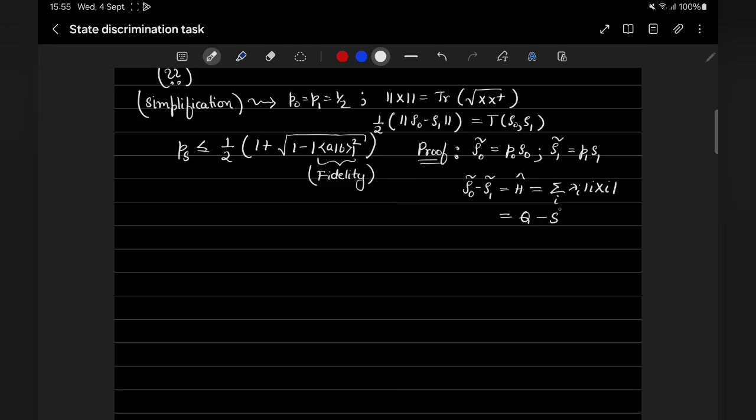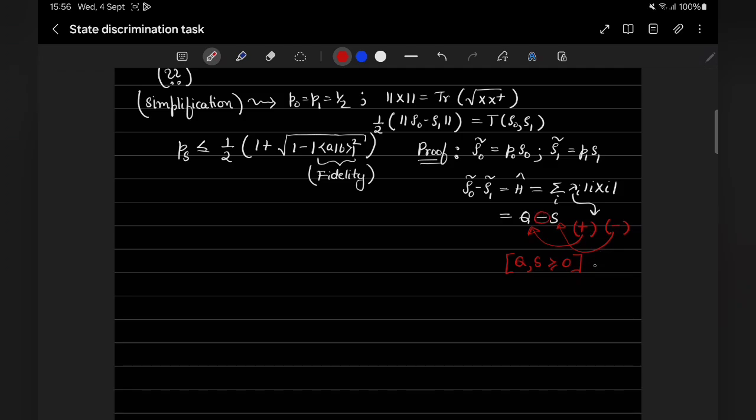So here what I have done is simply taken the difference, and I am calling the difference a Hermitian matrix, which can be diagonalized in some particular basis, and this basis can be chosen to be orthonormal. From these lambdas, I am collecting the positive eigenvalues and saying that they form Q, and the negative eigenvalues form S. So this is the main idea. Here both Q and S are greater than or equal to 0, both are positive semi-definite, because I have already taken out the minus sign.